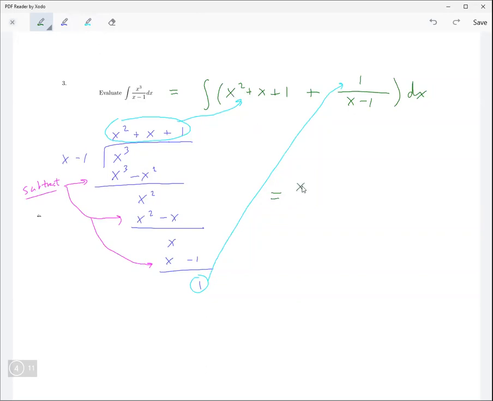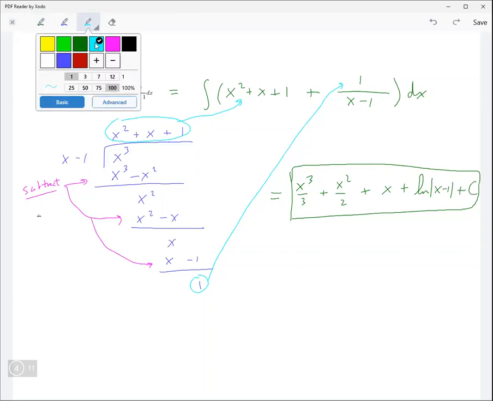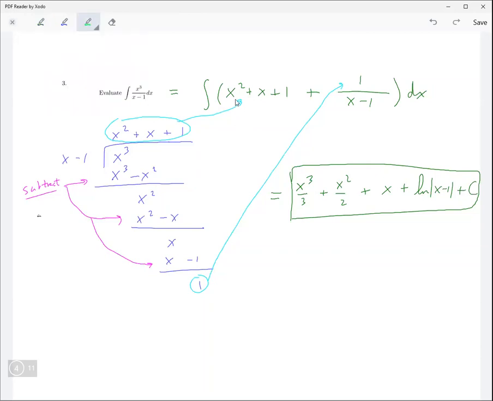The integral of x squared is x cubed over 3. The integral of x is x squared over 2. The integral of 1 is x. The integral of this one is the natural log of x minus 1, and then the constant. Make sure you put absolute value brackets on this one right here. Just illustrating where everything came from. That's that, that's that. The one is there, and this one is that one to integrate.